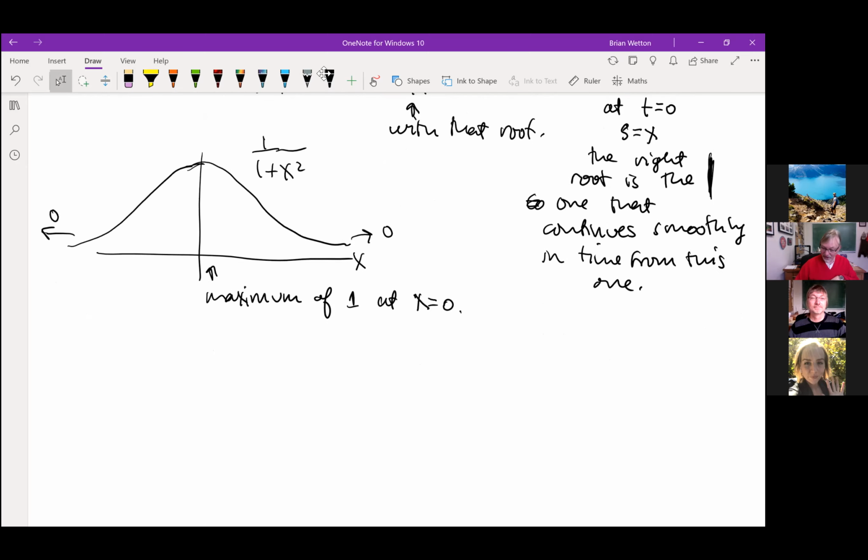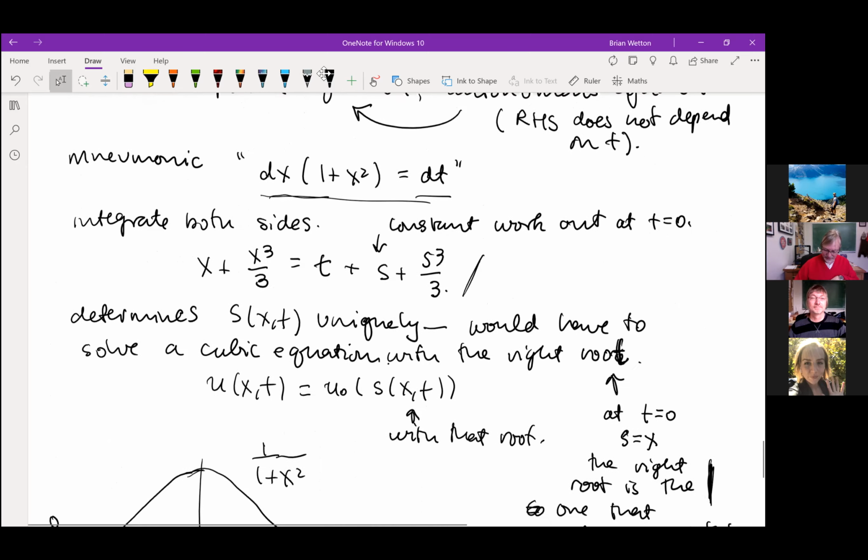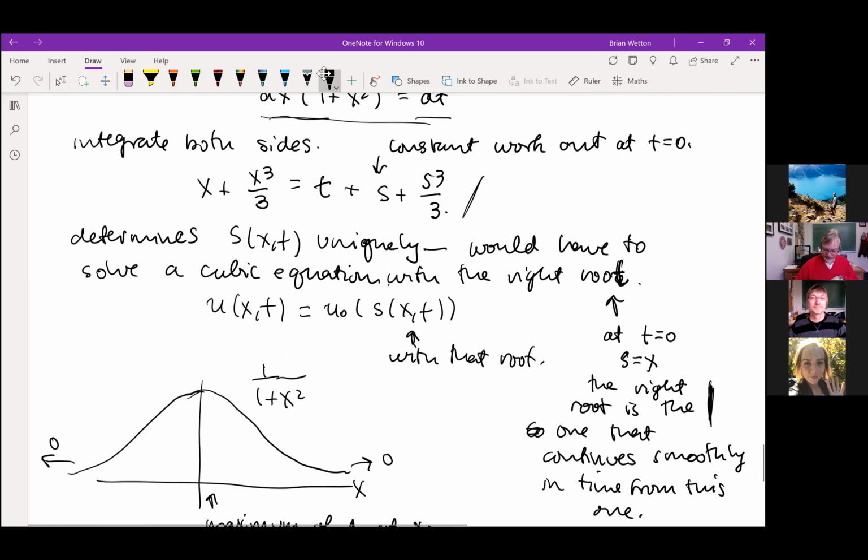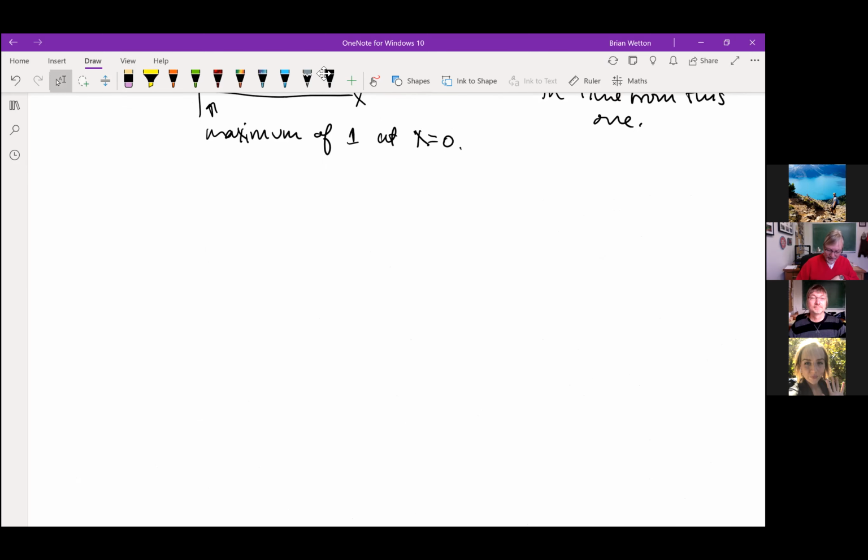The other thing I'm going to notice is that the characteristics have no time dependence, in terms of their shape.